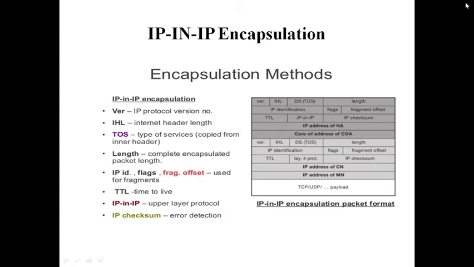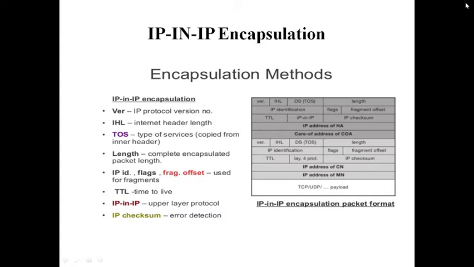And the next one is IP identification. IP identification identifies the packet. And flags also, along with the fragment offset, which is used for fragments. Just for the fragmentation process it is used. Fragment offset is also used for fragments. The next one is TTL. TTL means time to live.